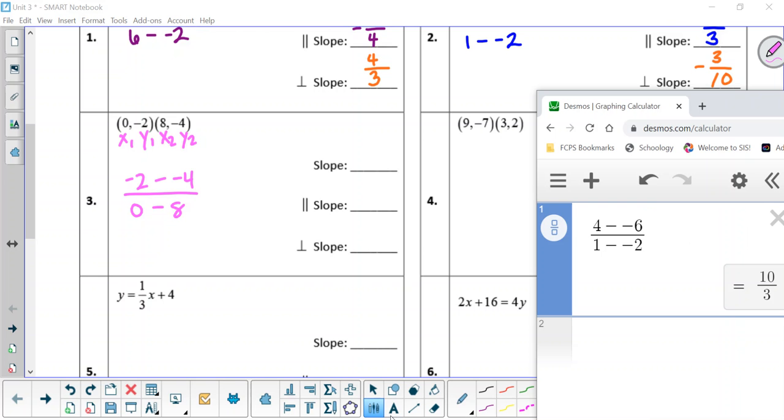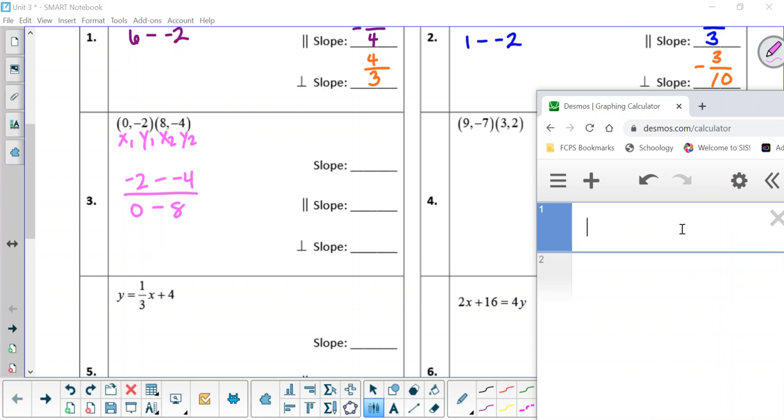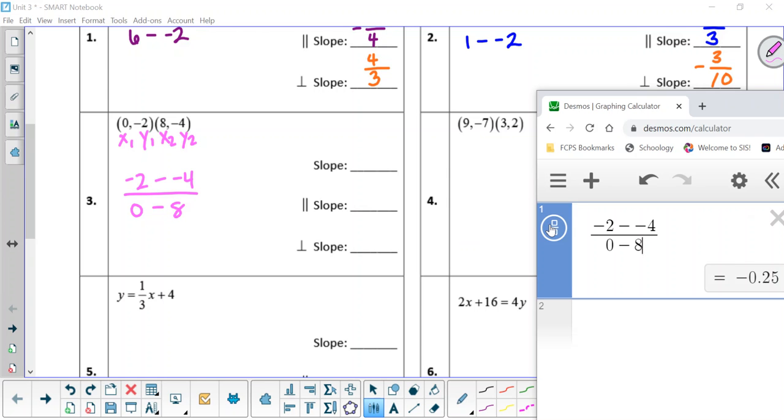We go to Desmos. Fraction bar, negative 2 minus negative 4 over 0 minus 8. No decimals. Click your button. Becomes a slope of negative 1 over 4.